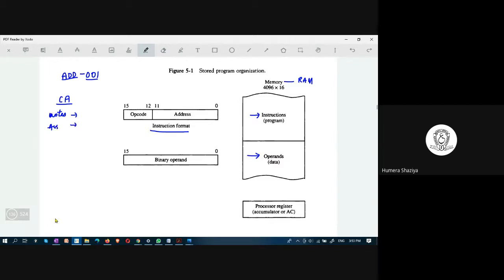A notebook typically contains a table of contents page. The first page will have the serial number, topic, and page number.